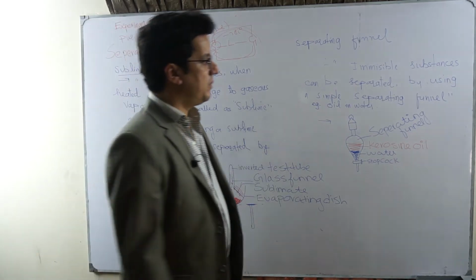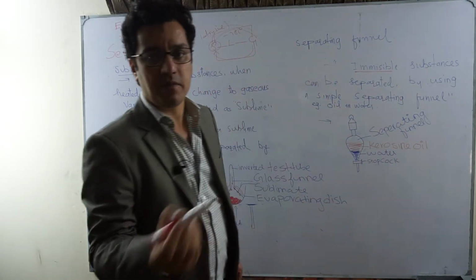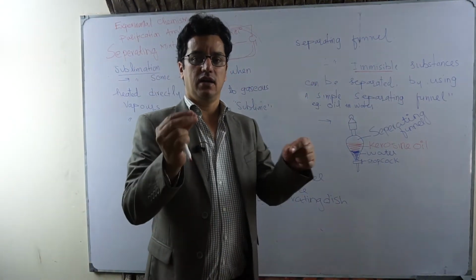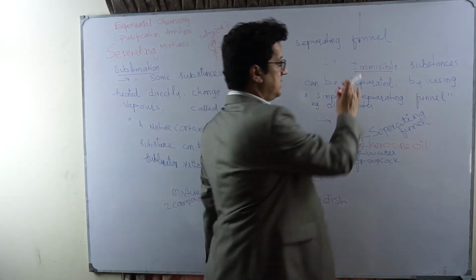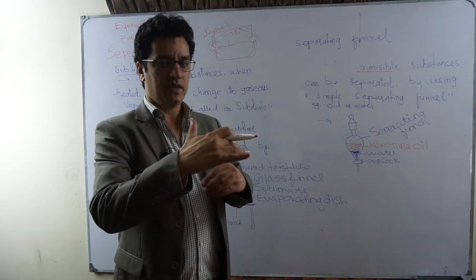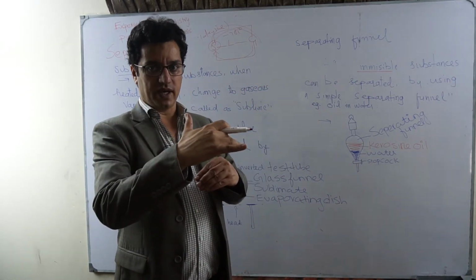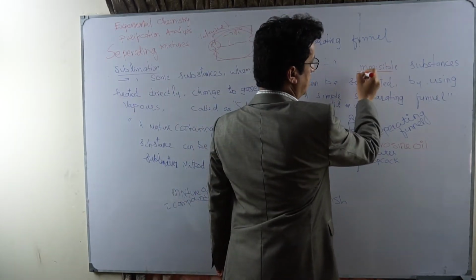Another physical property: there are certain substances which are immiscible. Immiscible means they are not miscible. For the separating funnel, if they are immiscible, it means they are making two layers. They are not soluble into each other.